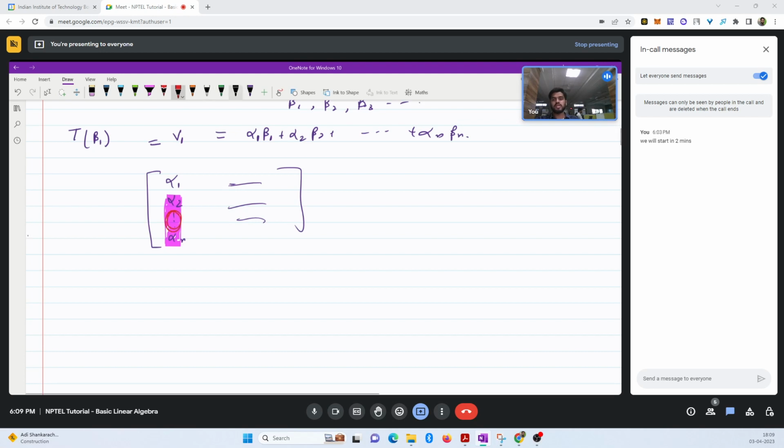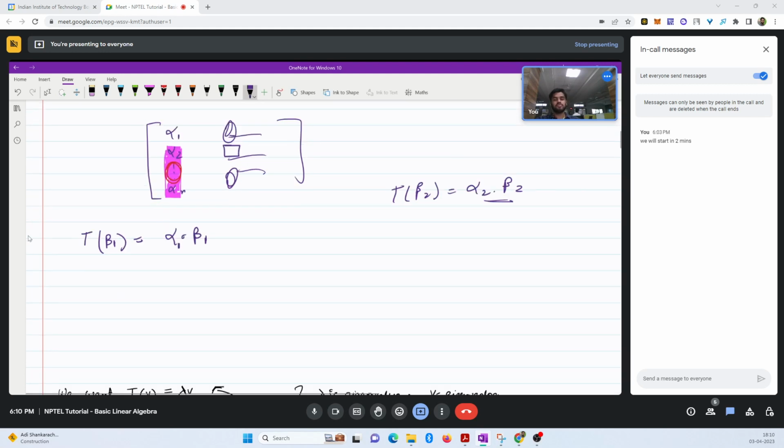What does that mean? That we want T of beta 1 to be only some alpha 1 times beta 1, just this corresponding component. Similarly for the other vectors, we want this entry to be non-zero and the rest to be 0. So that would imply T of beta 2 is equal to alpha 2 times beta 2. This is what we want in some sense.